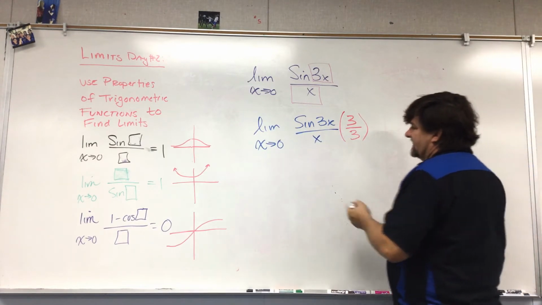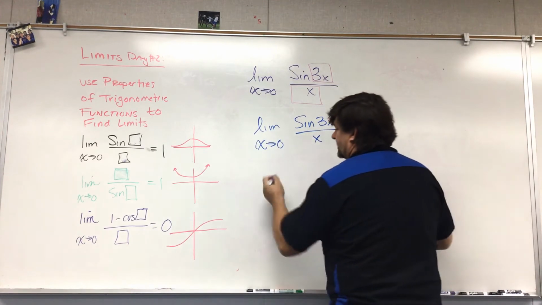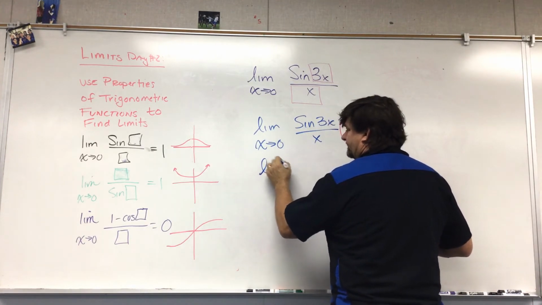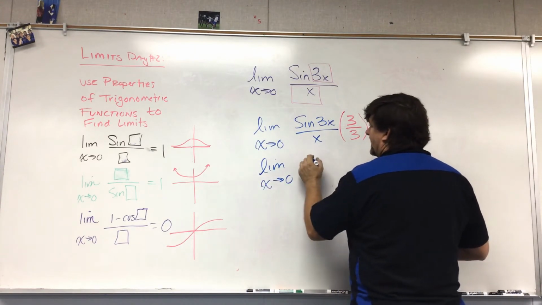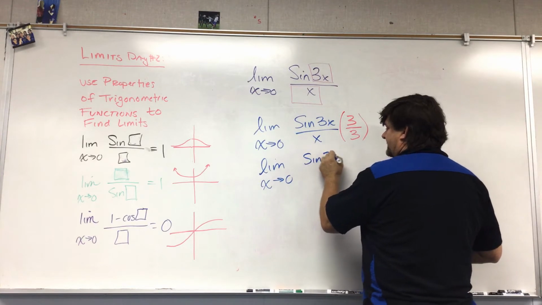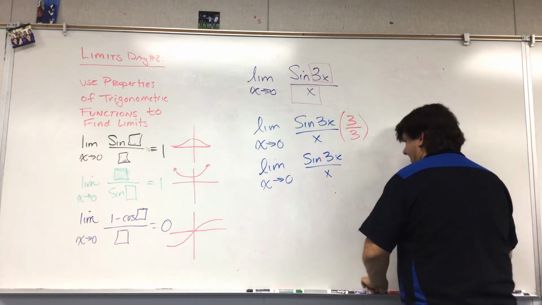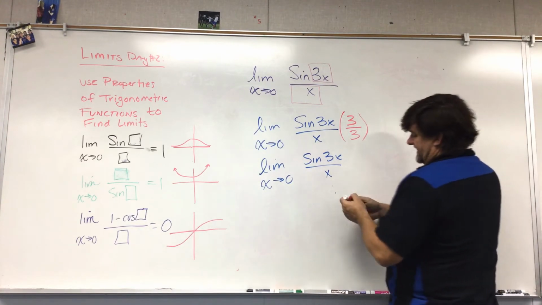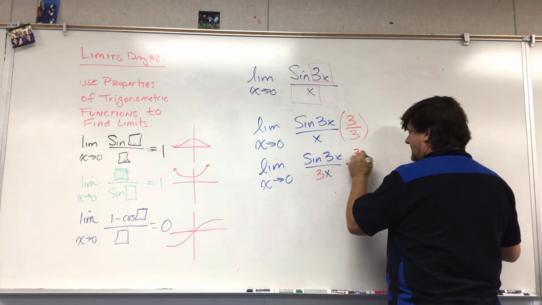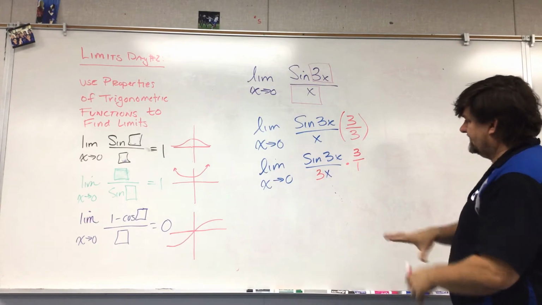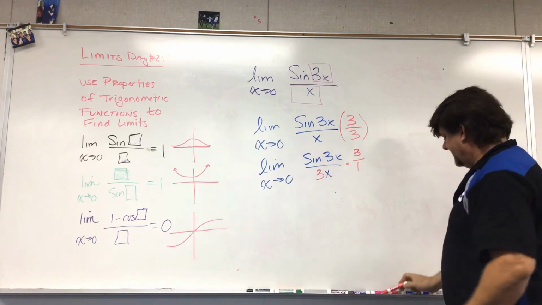Now if we clean this up a little bit and rewrite this, the limit as x approaches 0 of sine of 3x, here's my x, but now I'm going to move this bottom 3 into here and leave this other one out here. Still okay, 3 divided by 3 is 1. I didn't change anything.